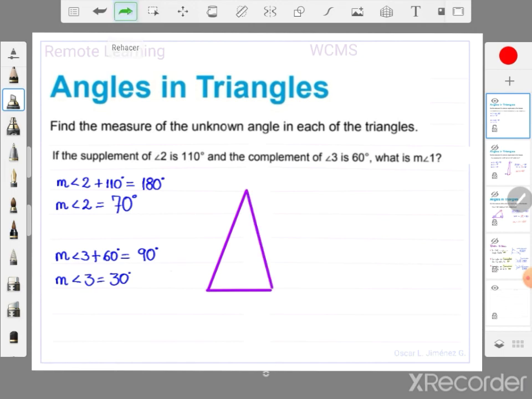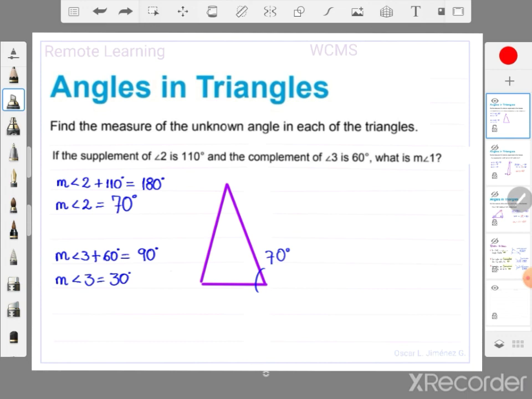So let me draw the triangle right here. I'm going to write the measure of angle number 2: this is 70 degrees. And now I'm going to write the measure of angle number 3: this is 30. And remember, if you add the three angles, you are going to have 180 degrees. Okay?